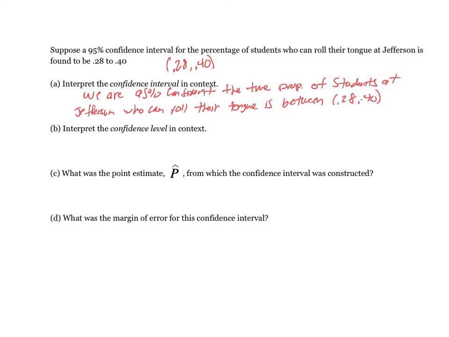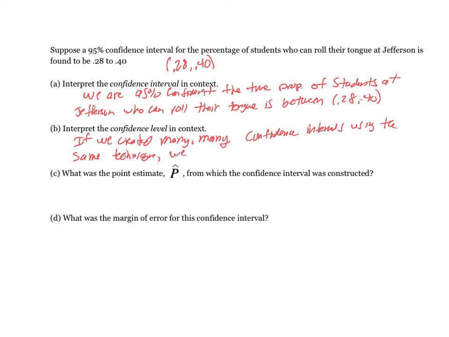If we interpreted the confidence level in context, we would say, if we created many confidence intervals using the same technique, we would expect 95 of 100 to contain the true proportion of tongue rollers.